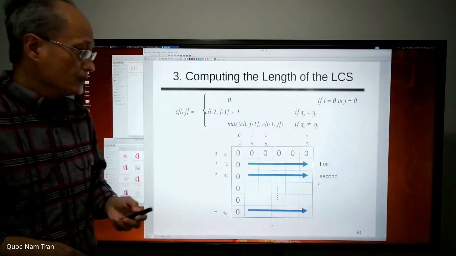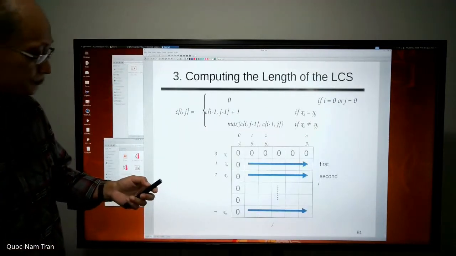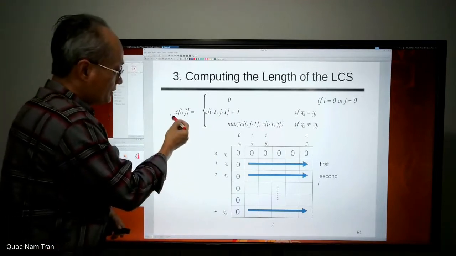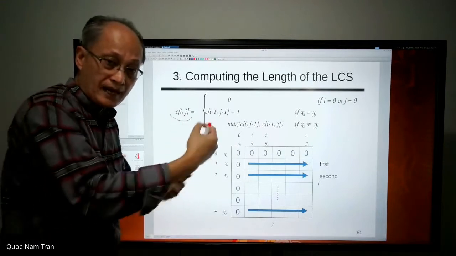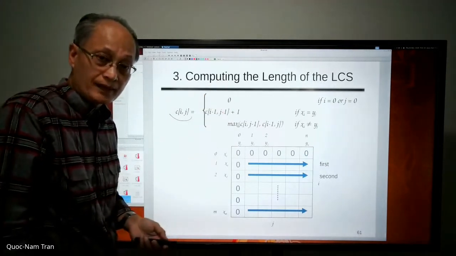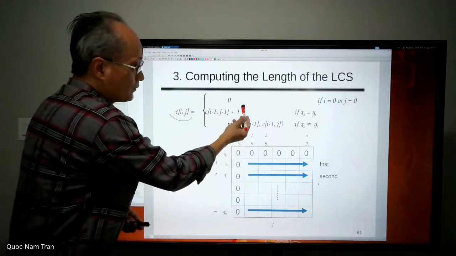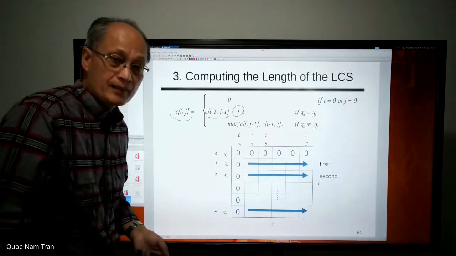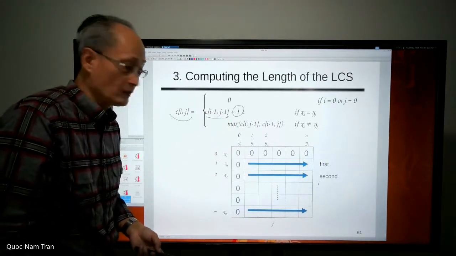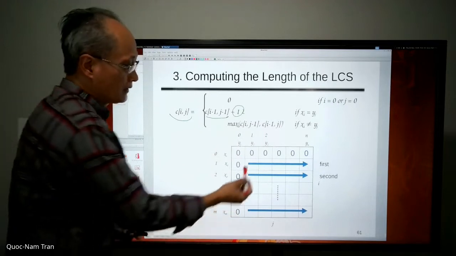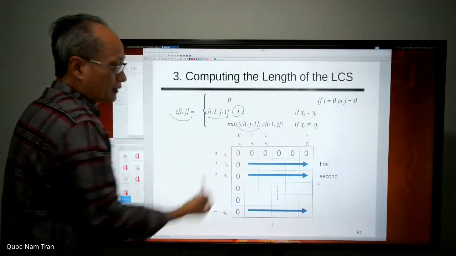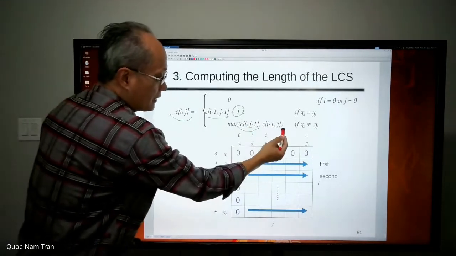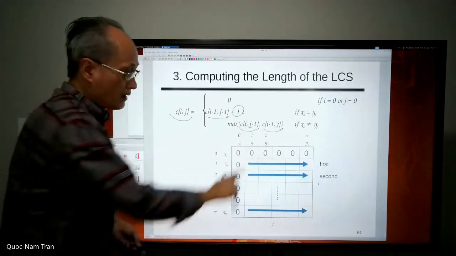So here let's look at this. We know that in order to calculate Cij, we compare the last two elements, right? If they are the same, then we add 1 to the value and recalculate Ci minus 1, j minus 1. If not, then we call the function C again with j minus 1 and call the function C for i minus 1.